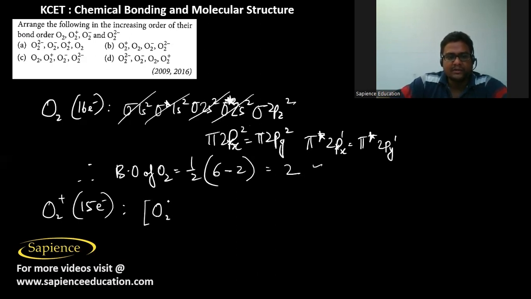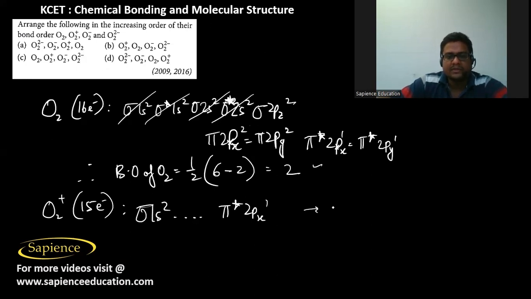So it will be the same as the electronic configuration of oxygen, from sigma 1s2 till pi star 2px1, and this pi star 2py1 I will not write, since it has one electron less than oxygen.